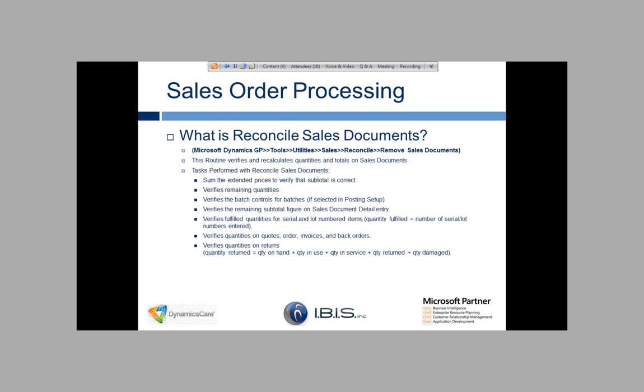It verifies the batch controls for batches, if selected in the posting setup. It verifies the remaining subtotal figure on sales document detail entry. It verifies fulfilled quantities for serial and lot number items. It verifies quantities on quotes, orders, invoices, and back orders, and it verifies quantities on returns.